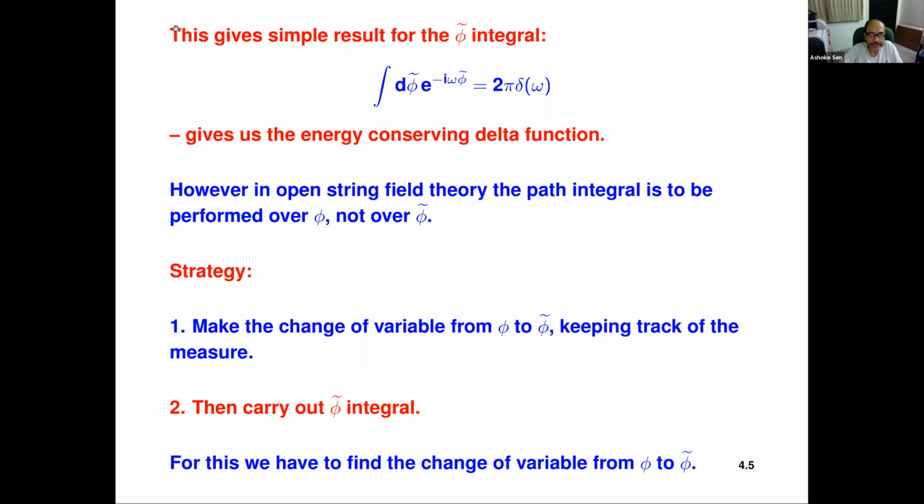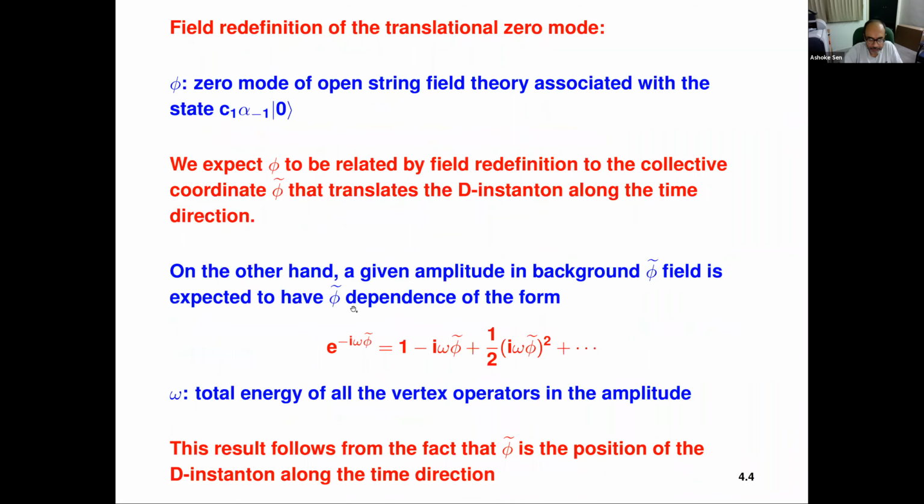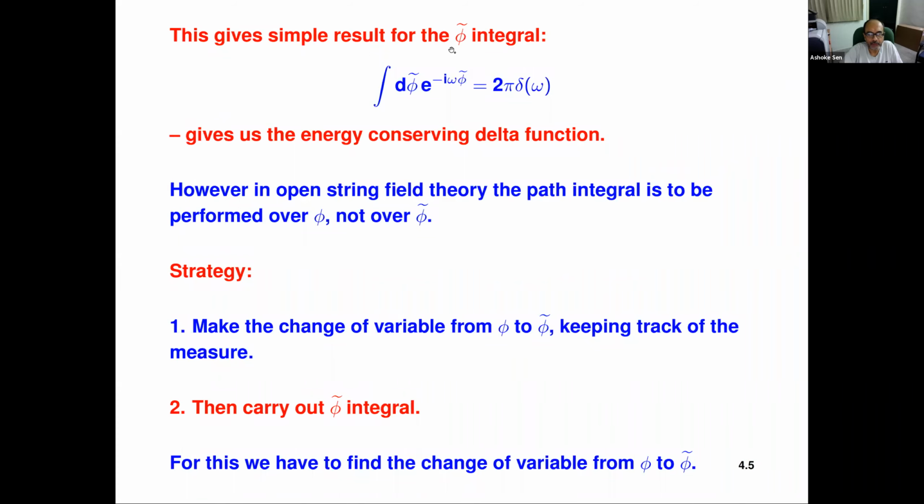Okay, so this also has another feature that because of this simple dependence on phi tilde, once we carry out the phi tilde integral, which is what we are supposed to do at the end, we get a simple delta function. And this delta function is what eventually ensures that total energy is conserved. But this is done at the very end of the calculation.